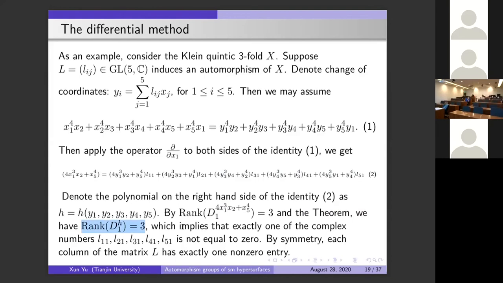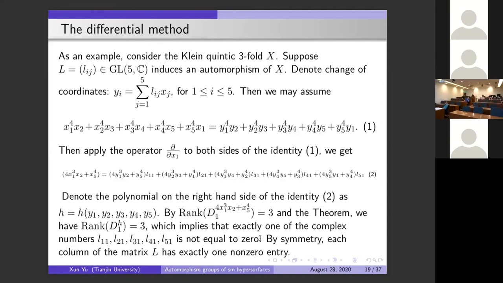So from that, you do a little more computation and show that among L11, L21, L31, up to L51, exactly one of those 5 numbers is not equal to 0.